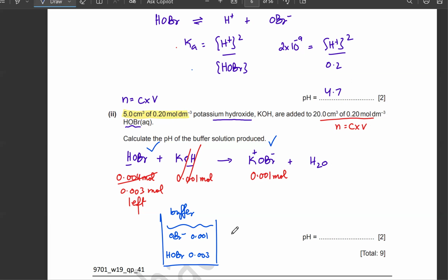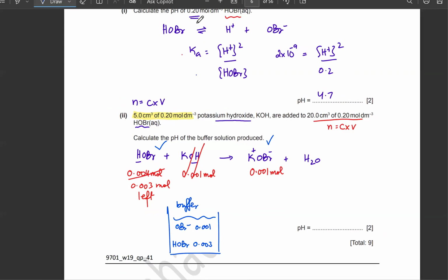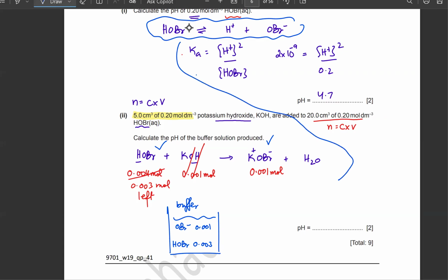So what is the expression now? It's the same K expression for this reaction. You have exactly the same equilibrium except with one difference, and that is that you can't write [H+] squared, because OBr− is a different concentration because it got neutralized and it got produced, right?